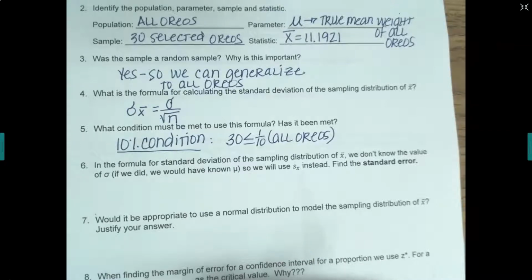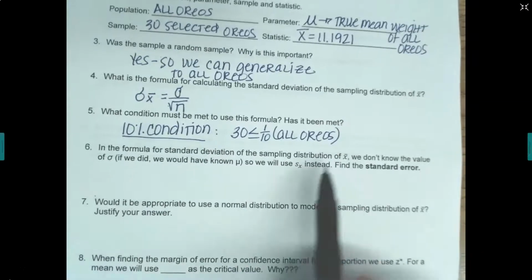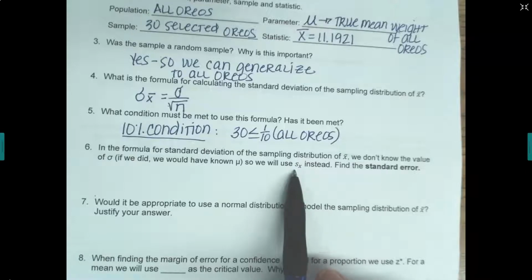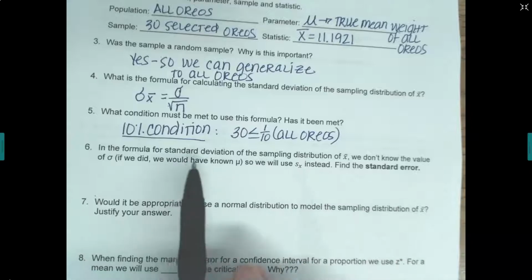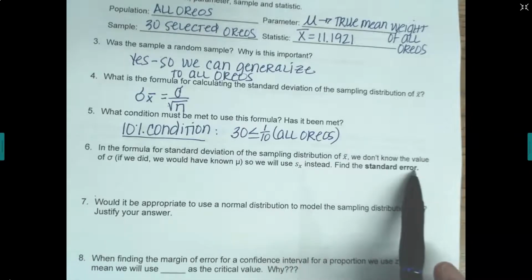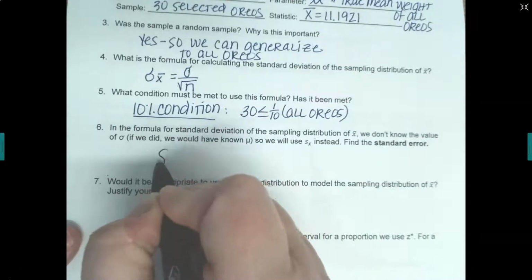In the formula for the standard deviation of the sampling distribution of x bar, we actually don't know the value of sigma, our population standard deviation. Actually, if we did know that number, we would have known the population mean also. So that means we have to use the sample standard deviation, and we no longer call it just standard deviation, we call it the standard error. Even though the formula is pretty much the same, we just want to use a different term.